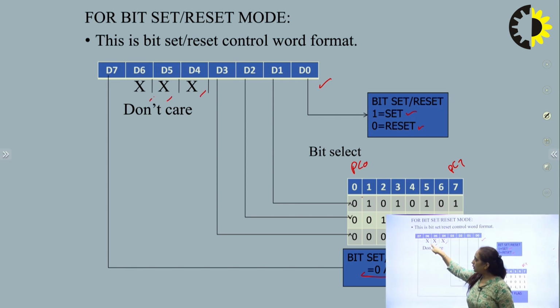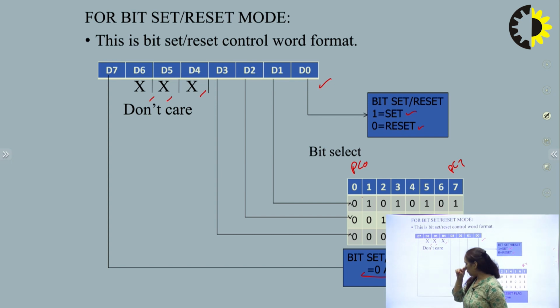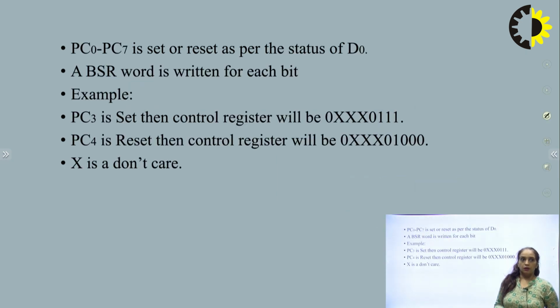D4, D5 and D6 we are not going to use, and D7 should be 0 so that we can work in bit set reset mode, right? So PC0 to PC7 is set or reset as per the status of D0.